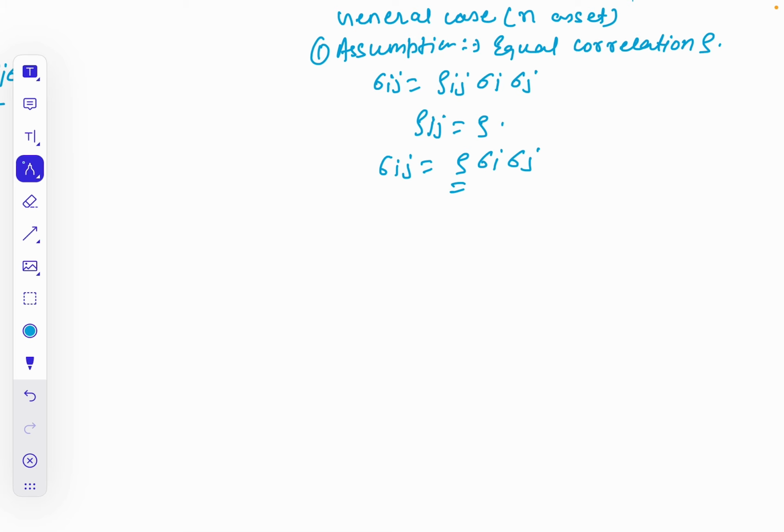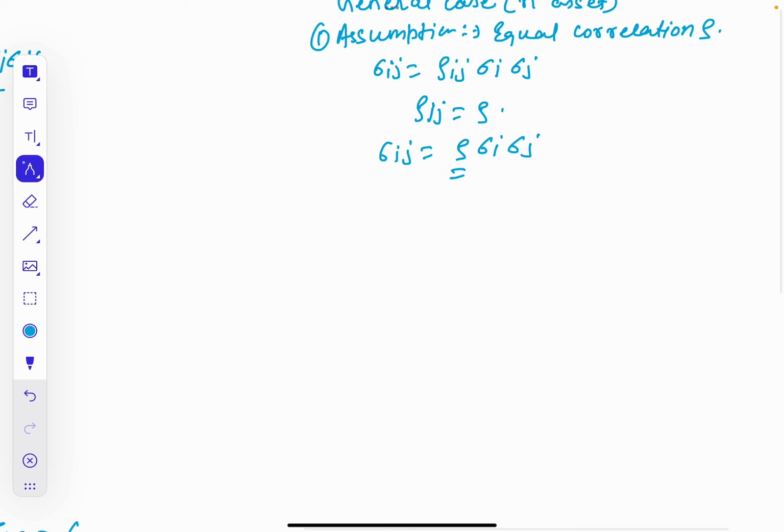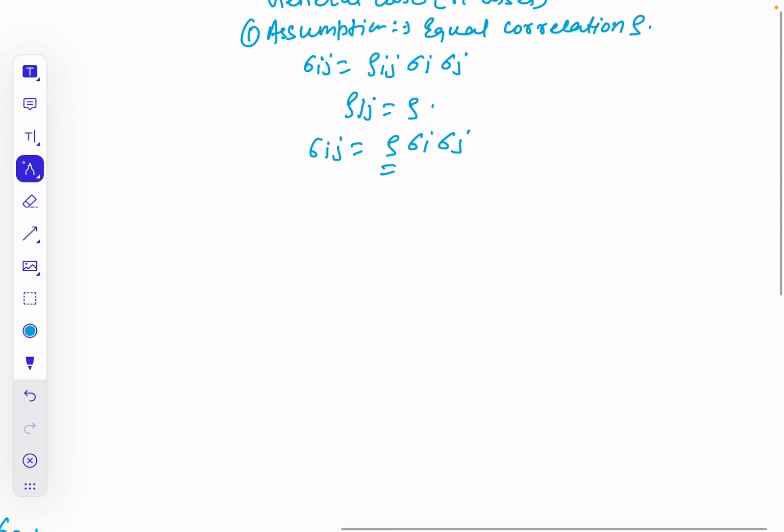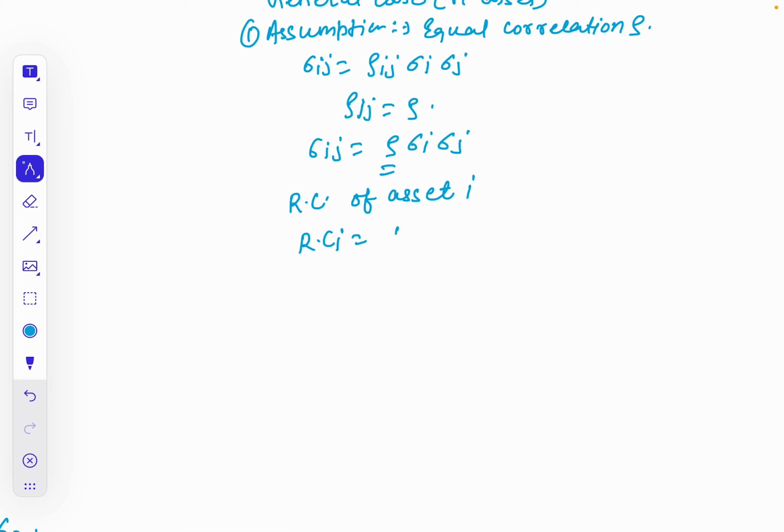And you have n assets in your portfolio. So let us start deriving the weight. In this case, what would be the risk contribution of asset i? RCi would be the weight of asset i times the MCR of asset i, right?